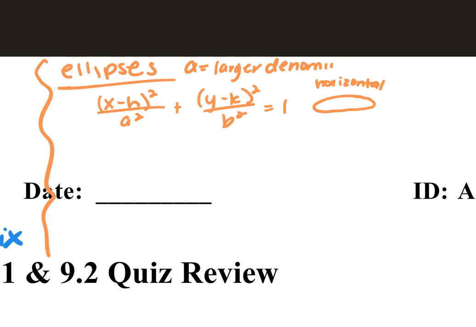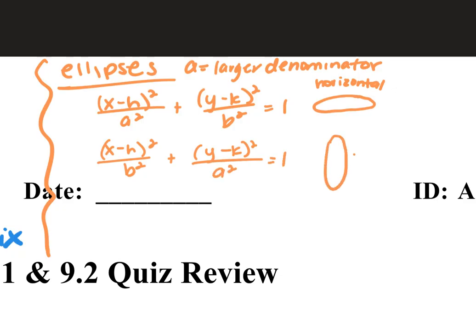So order does not matter. The larger denominator is what determines what kind of ellipse it is. If it's a vertical ellipse, I could rewrite it with y first. The difference is the a is now under the y, and that one is vertical. It is taller than it is wide.